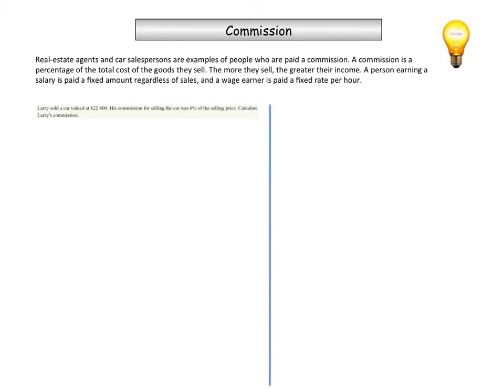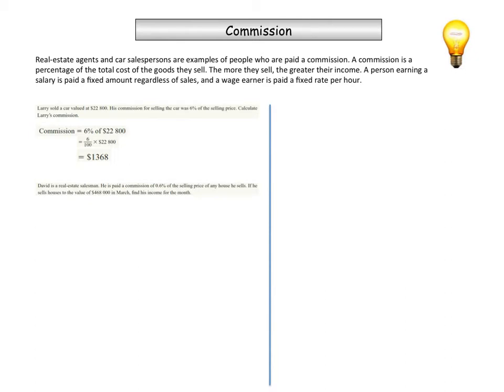Calculate Larry's commission. So we need to find 6% of the selling price. So to do that, we change the percentage into either a decimal or a fraction and multiply it by the amount. This gives us $1,368.